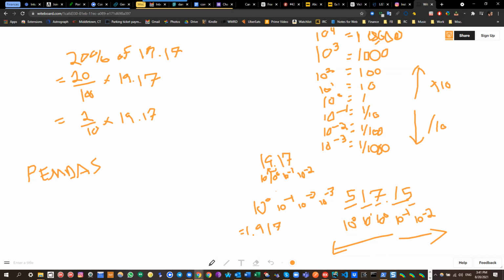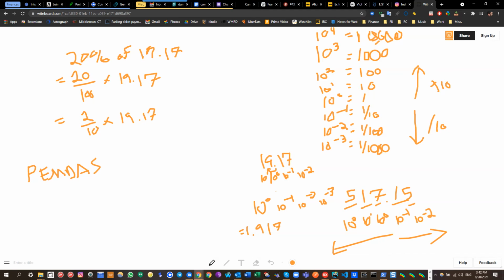That means if I'm evaluating some mathematical expression, I need to evaluate the pieces of it in a particular order, and this is that order: parentheses, exponents, multiplication, division, addition, subtraction.